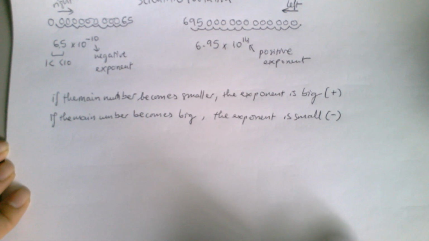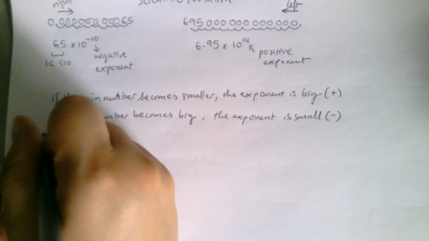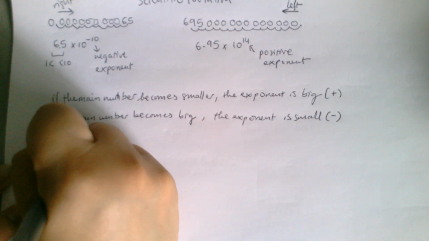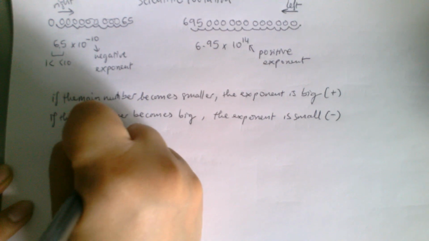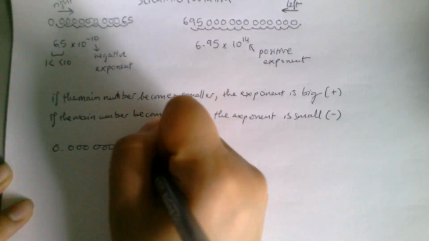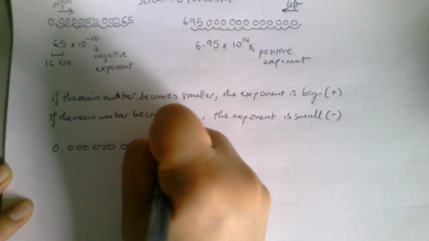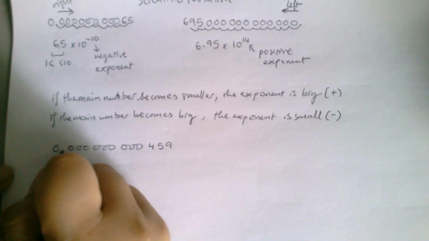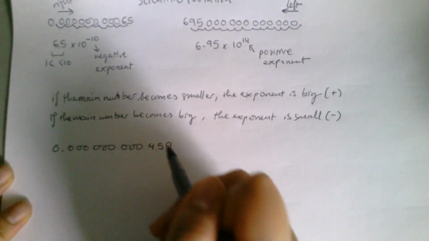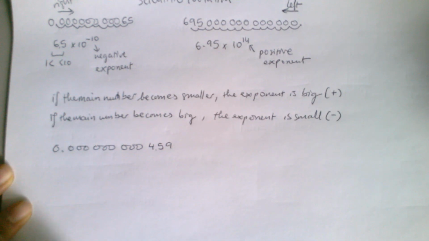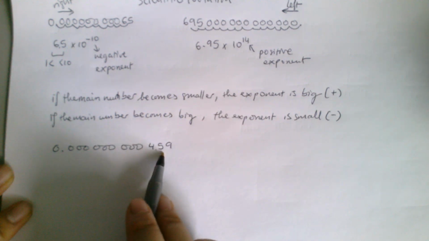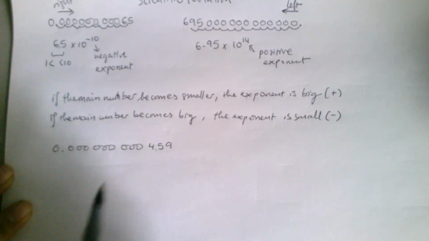Let's try another example. If we have a number, say 0.00000000459, we can move the decimal to here where it's 4.59, to make sure that the number we have is between 1 and 10.